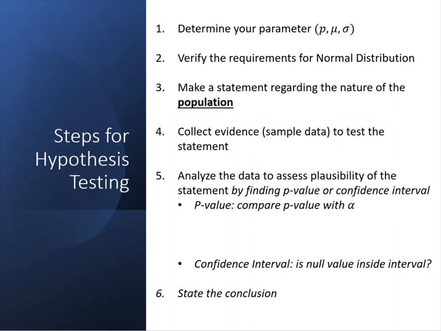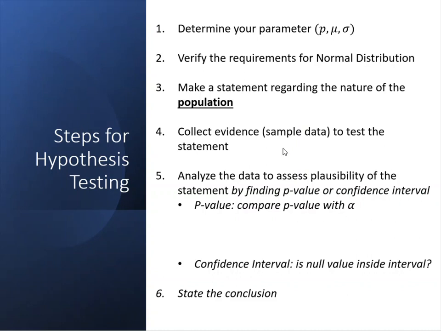Now, we've seen already the steps for hypothesis testing, but I'm going to add just a little bit to it. And what I've added to the previous 5 steps is shown here in italics. So we know already that we've got to determine our parameter, verify the normal distribution, make a statement regarding the population, which becomes our null and our alternative statements.